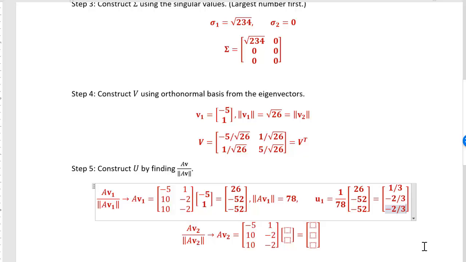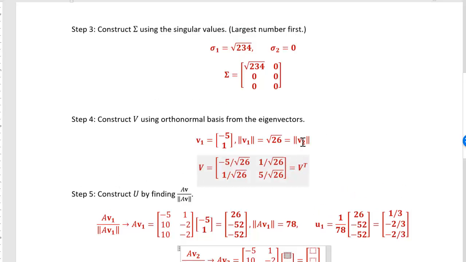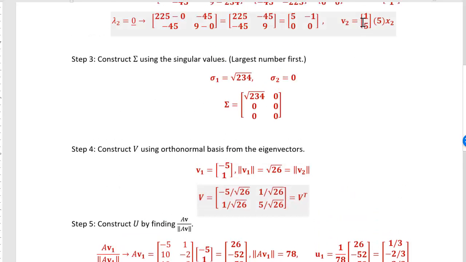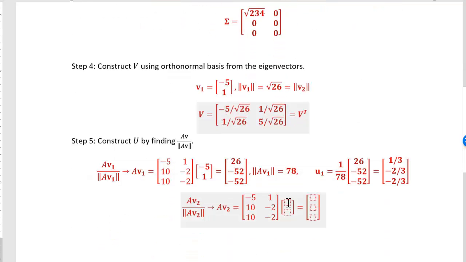Now if we do the second one, our V2 vector was 1, 5. So put 1, 5 here.